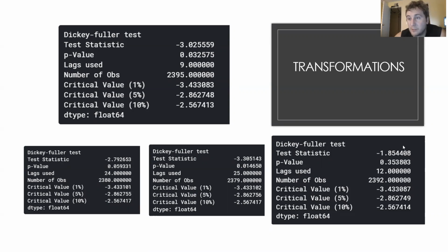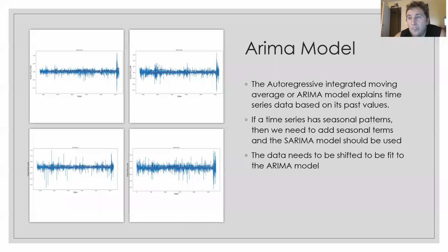This last one over here is for Southwest Airlines. This one is stationary, but is still pretty high. Making an adjustment for that, maybe doing a weighted average would help out. But moving on to the ARIMA model here.